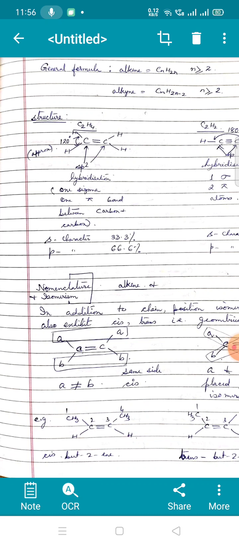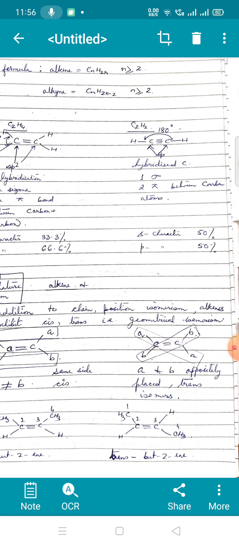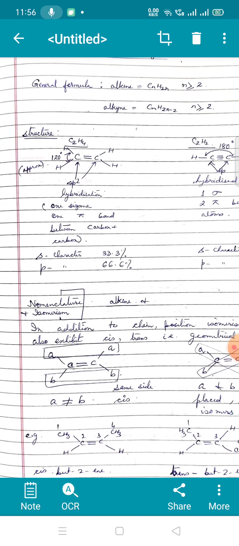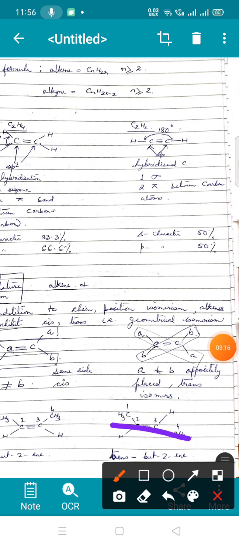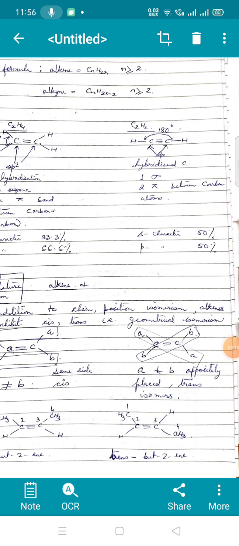Both the CH3s are on the same side, both the hydrogens are on the same side. So it is cis isomer. Whereas here, the same compound, I have written the CH3 group here on the top and here at the bottom. That means they are oppositely placed. So when they are oppositely placed like this, they are called trans isomers. So the complete name of this compound will be trans-but-2-ene.